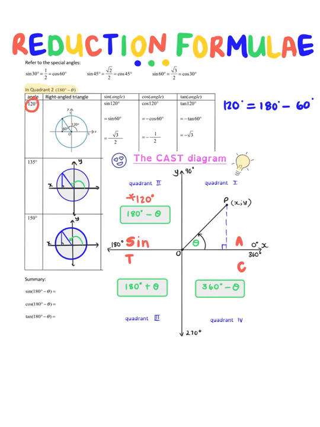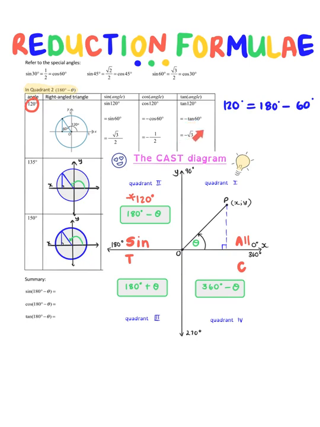In quadrant 2, sine is positive. That's why there's an A in quadrant 1, because in quadrant 1, all the trigonometric ratios are positive. So in quadrant 2, the ratio of sine is positive. All right, so cosine and tan in quadrant 2, they are negative. We've proven that already in the investigation. Then if I type cos of 60 on my calculator, it's a half, but it's negative cos 60, so it's a negative half. Negative tan 60 is negative root 3.